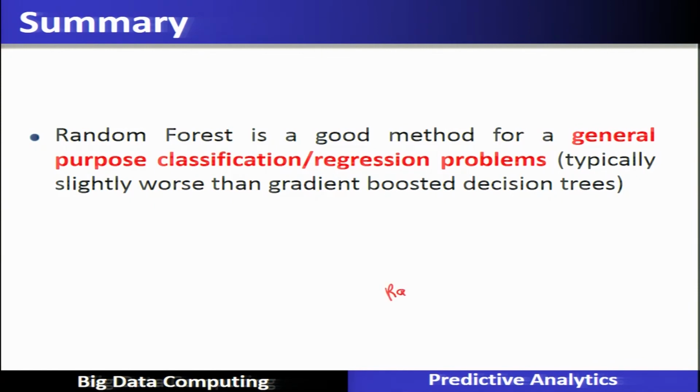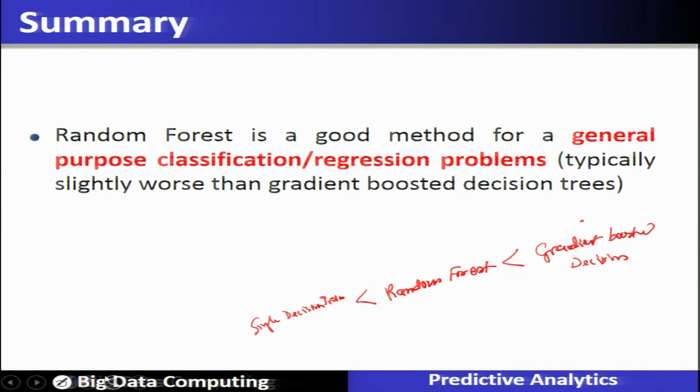We have seen that random forest is better than the single decision tree, but slightly worse than the gradient boosted decision tree. So gradient boosted decision tree is going to be the best approach for general purpose regression and prediction problems, which we will see in the next slide.